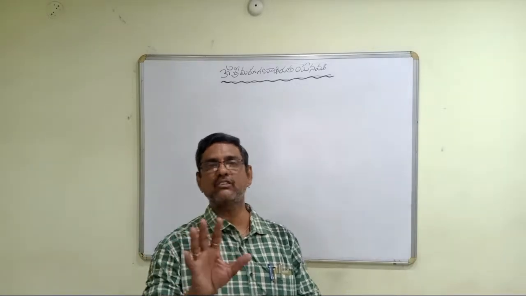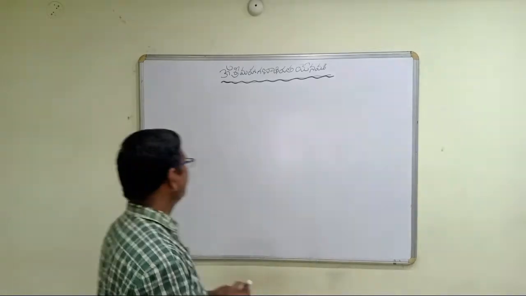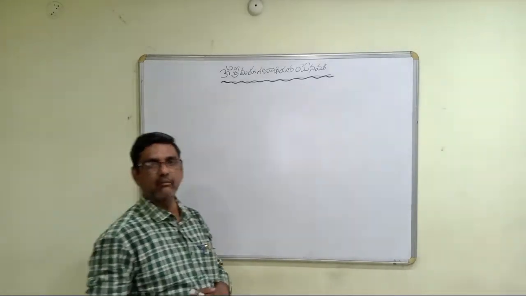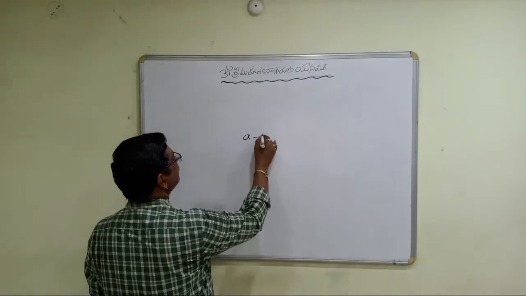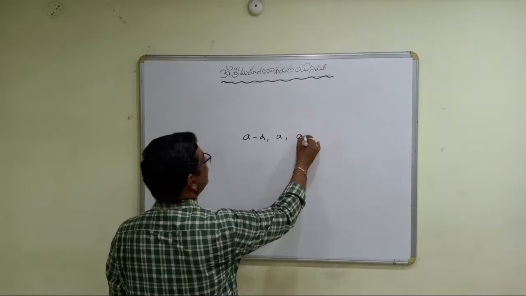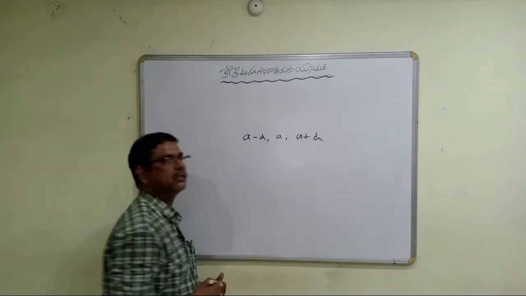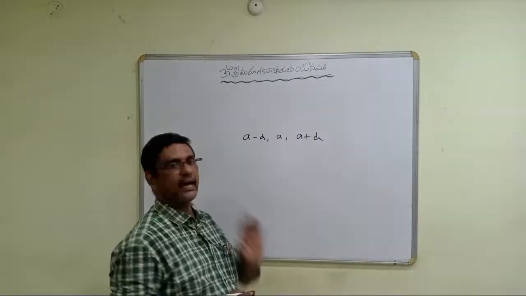So how to solve such type of problems? In general, if it is given on three terms, we need to consider those three terms as a minus d as first term, a as second term, a plus d as third term. So these three terms are in AP.